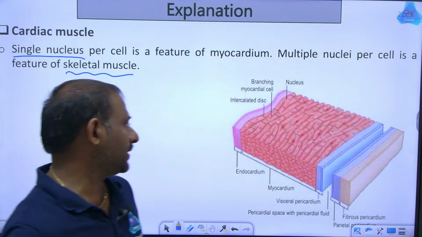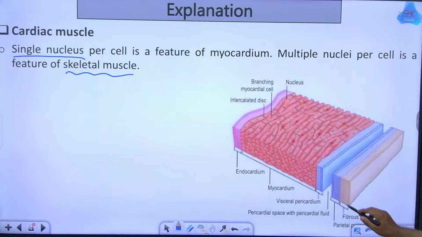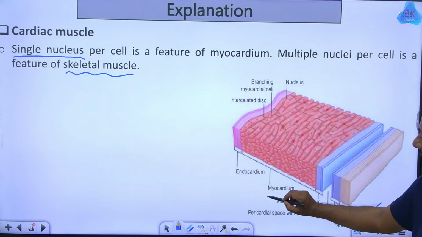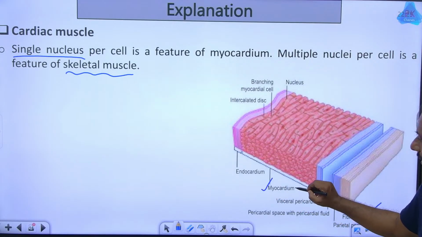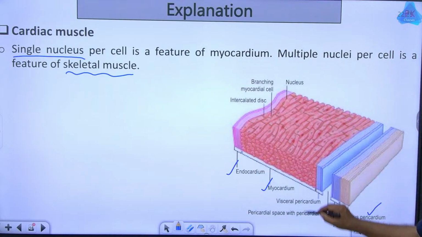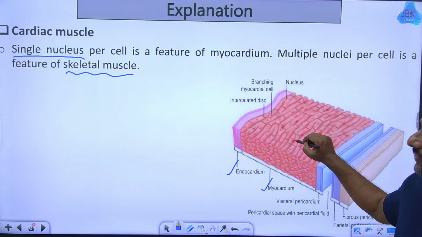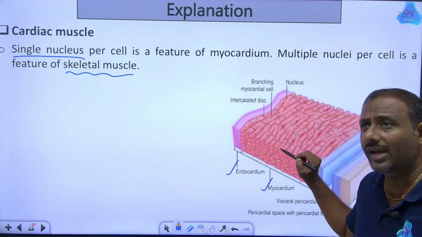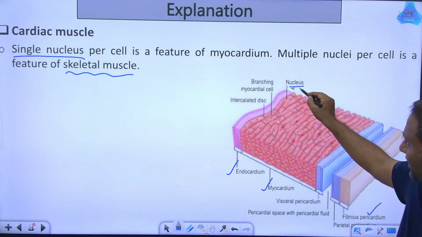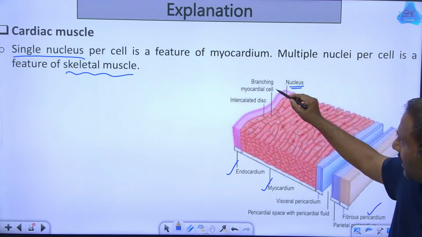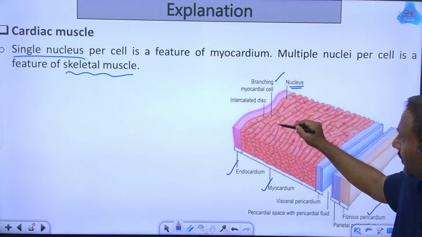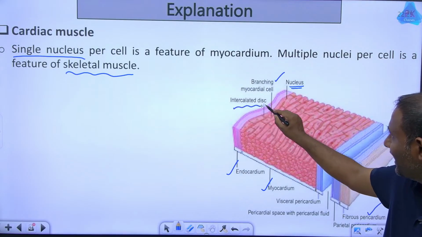If you see this structure, the layers, the outer one is the pericardium, in the middle you have the muscle layer called the myocardium, and the innermost layer is the endocardium. In the myocardium you have a specific type of cardiac muscle. In the cardiac muscle there will be only a single nucleus per cell, and you can also see the branching in the adjacent myocardial cells, and the intercalated discs.